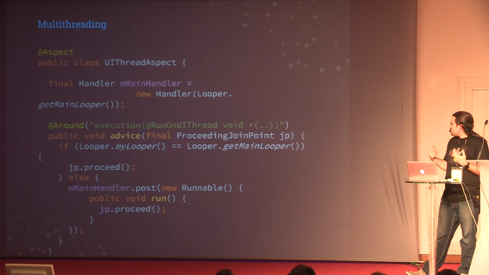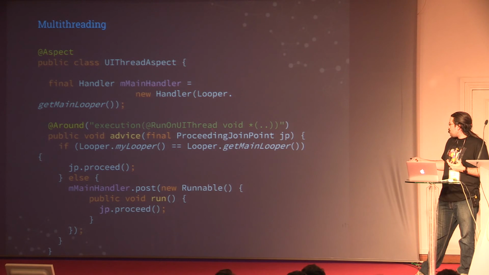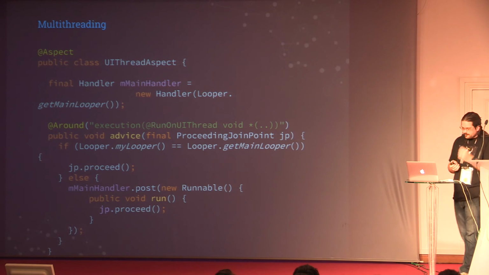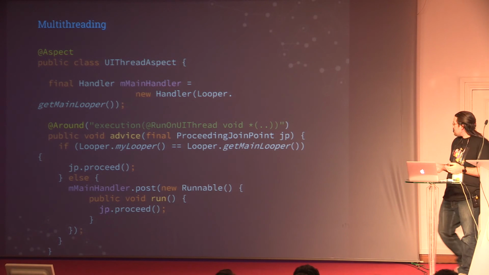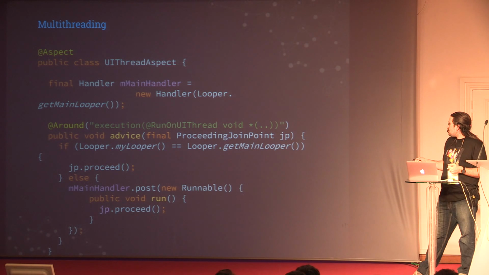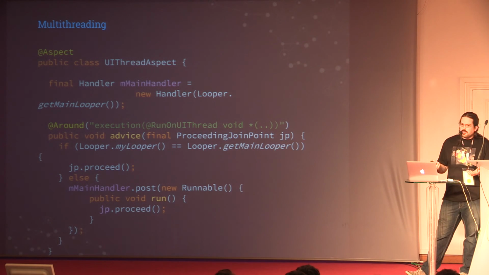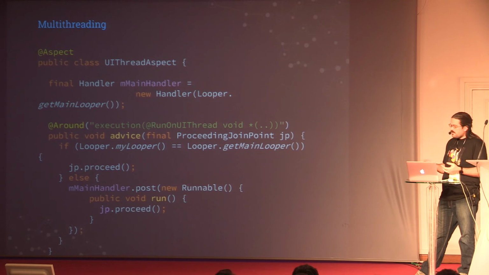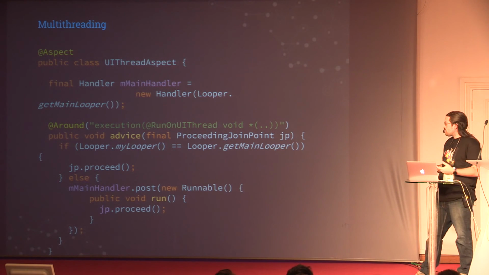So we have an annotation named RunOnUIThread here. The UI thread aspect will have a handler that gets the main looper. And what it does is, I use again the around advice. If I'm already on the main looper, I just call jp.proceed and the method just runs like it should.